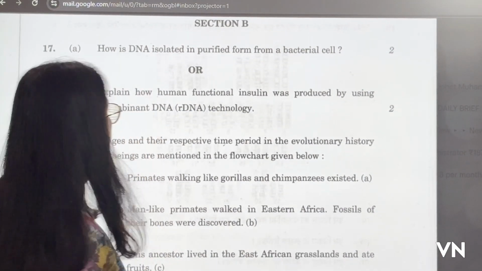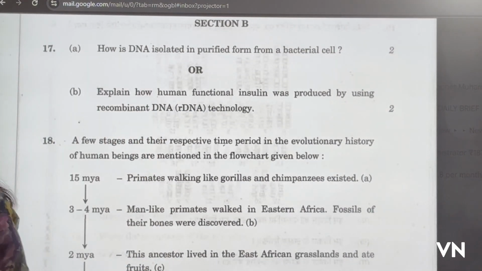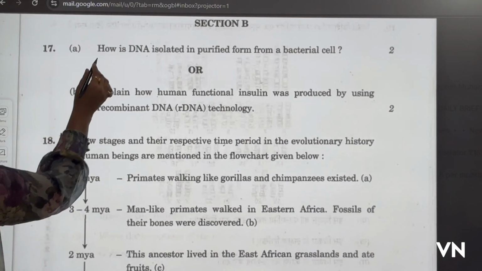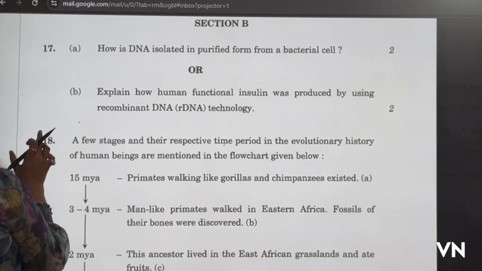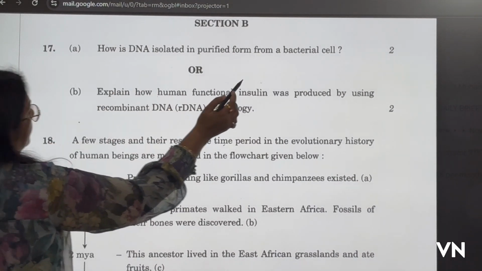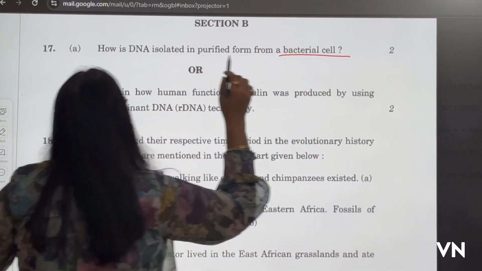Section B. How is DNA isolated in purified form from a bacterial cell? Bacterial cell and isolation of DNA.